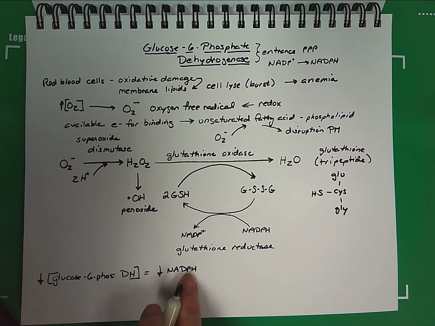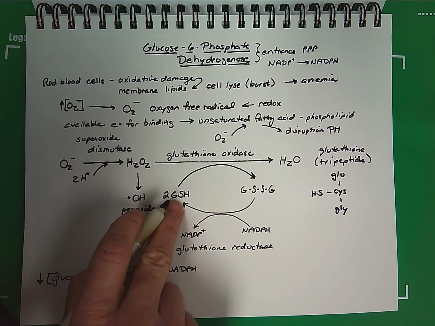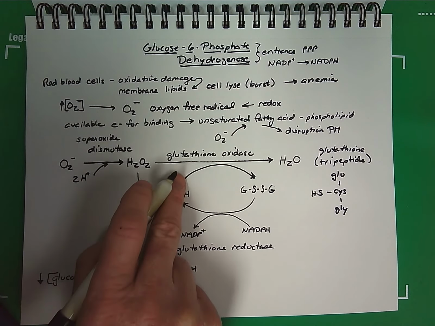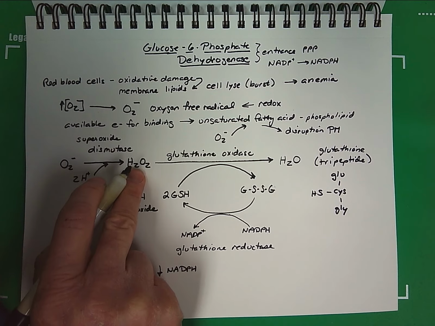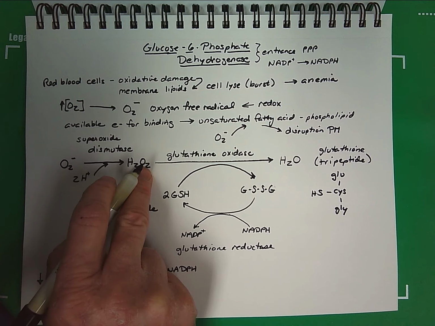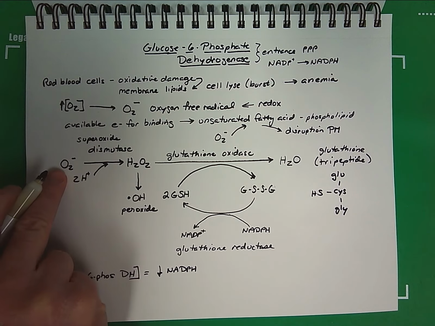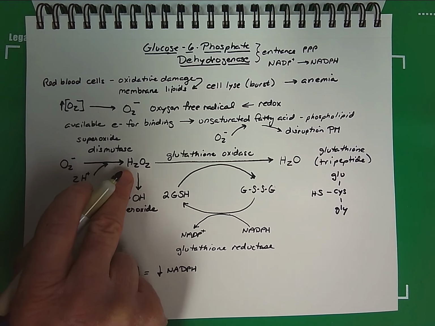With a lower concentration of NADPH, the restoration of the reduced form of glutathione is going to be impaired. If that happens, the neutralization of the hydrogen peroxide is going to be inhibited. Therefore, superoxide dismutase is doing its job in an attempt to neutralize the oxygen free radicals, but the concentration of hydrogen peroxide begins to build in the red blood cell.